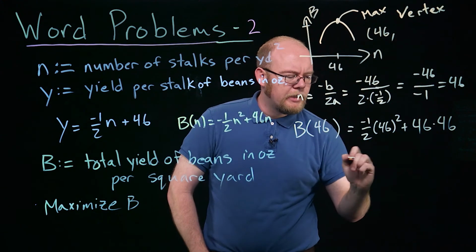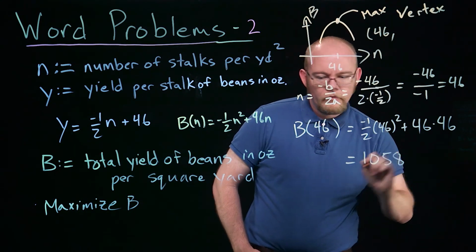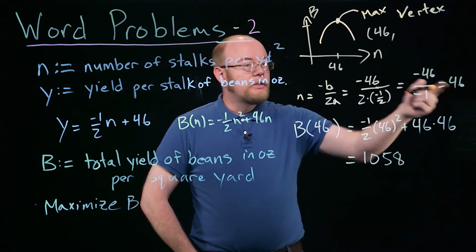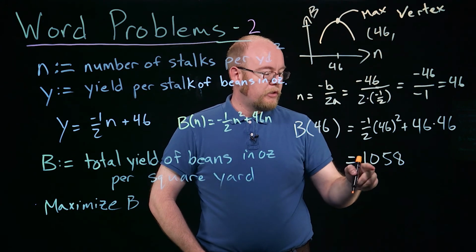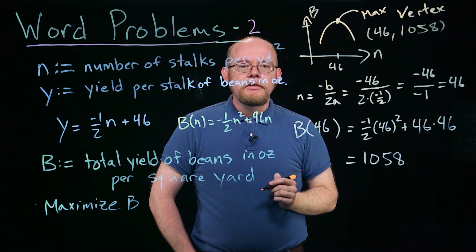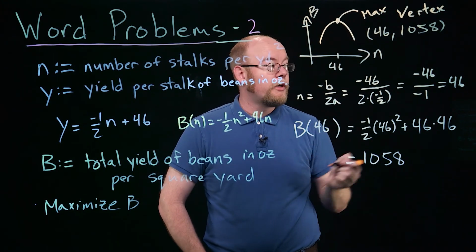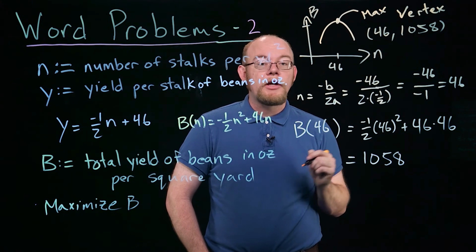And if we calculate that all out, we get 1058. So this is the vertical coordinate here, and what this means is that if we want to maximize the number of beans that the farmer gets per square yard, we should plant 46 stalks per square yard.